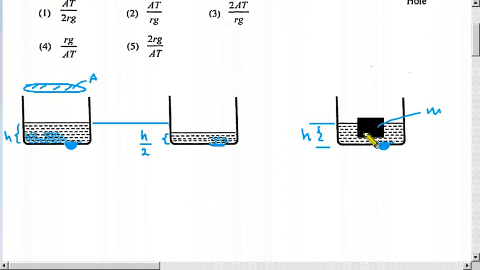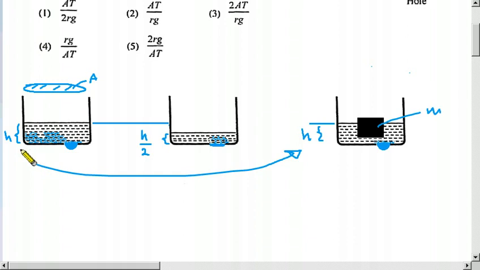Then from the hole water begins to seep like that. So the height of the water column must be the previous value, that means small h, the initial value. This height should be there when the water is seeping again.